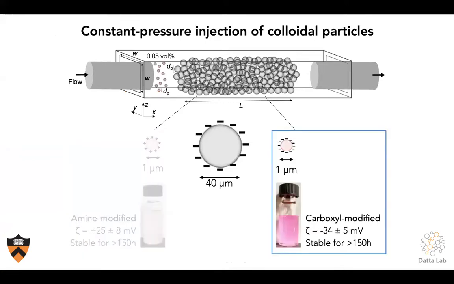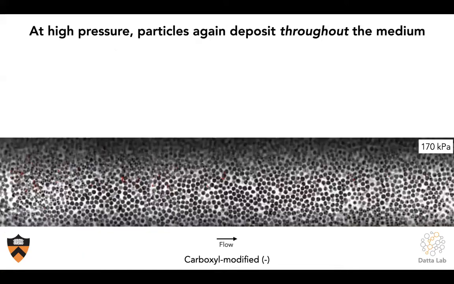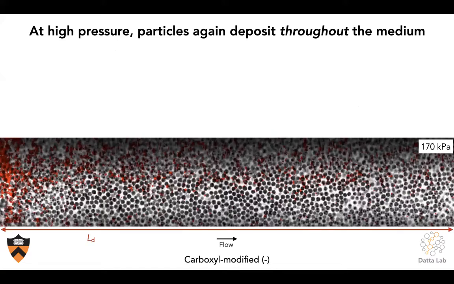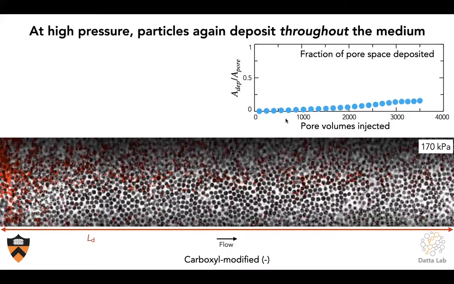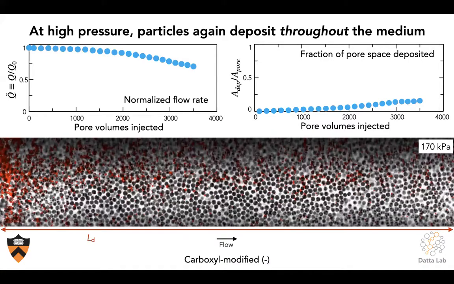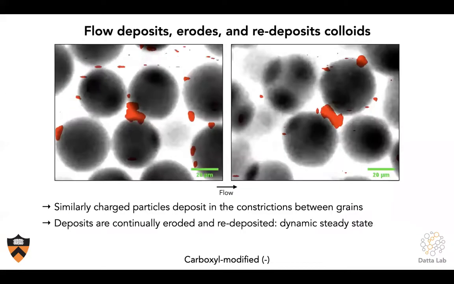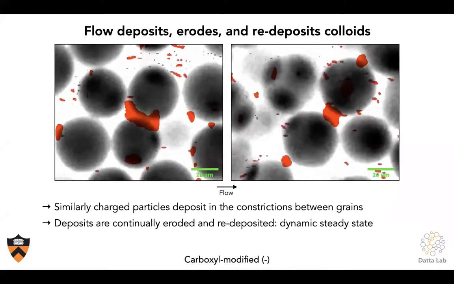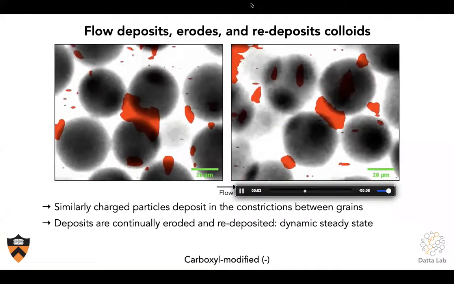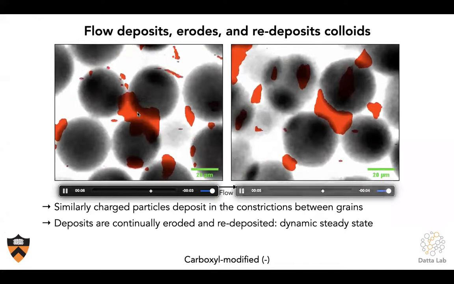When the particles are repulsive, what we found is very similar behavior actually. At high pressures, the particles get pushed throughout the entire medium. Again, as we inject more and more, the pore space gets filled, the permeability goes down. But when we zoom in, what we see is, in this case, the chemistry of the particles changes where they deposit.